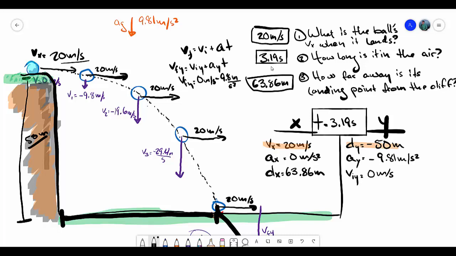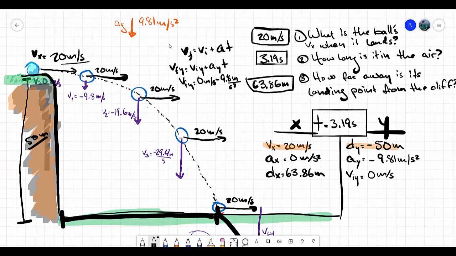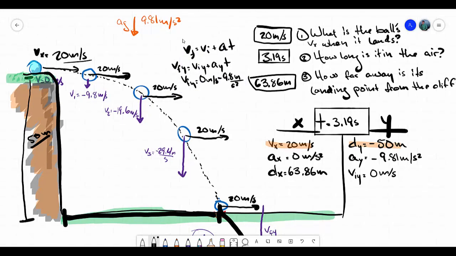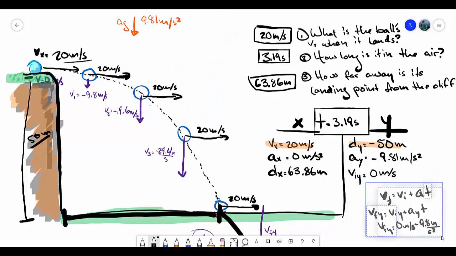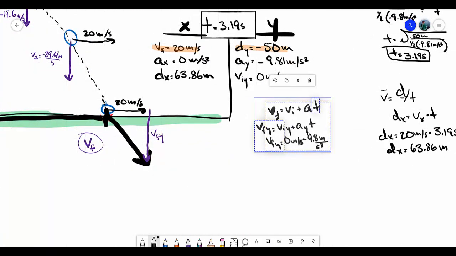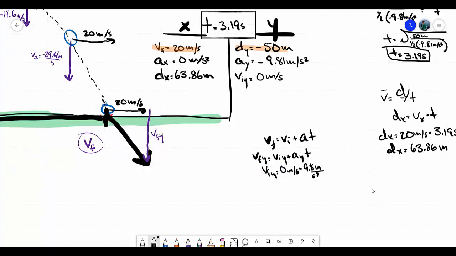I really needed to give this some more space here. I'm not doing it justice. Scooch this over. All right, I think that's okay. So don't forget time, times 3.19 seconds.